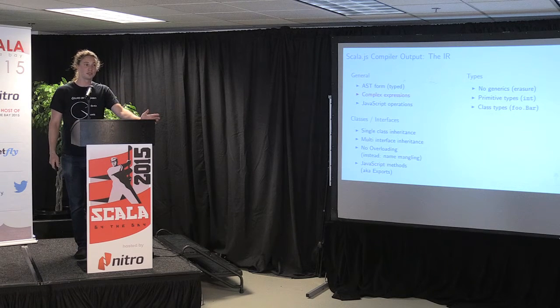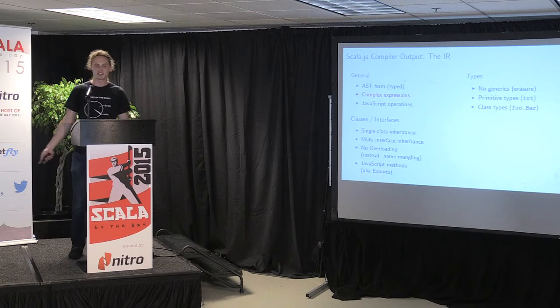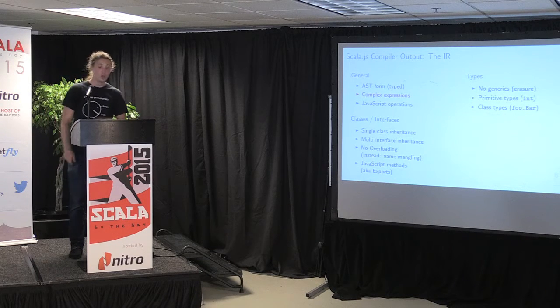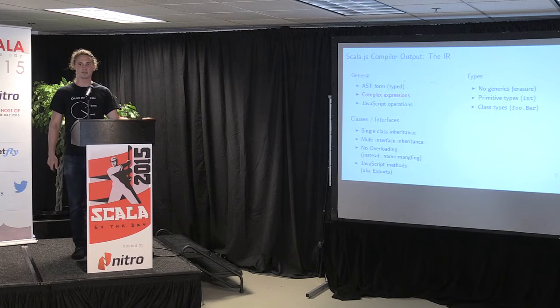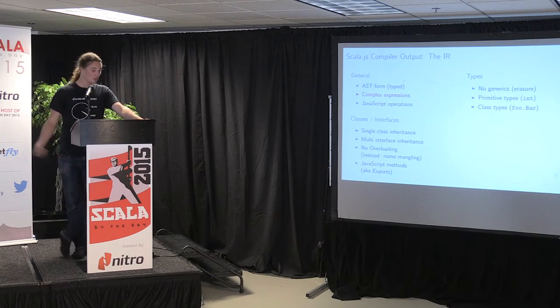Multi-interface inheritance, well, JavaScript doesn't know interfaces, but since it's dynamically typed, we can just erase interfaces because we statically know the methods are there, so we just call them. No overloading, well, lucky us, we did that because JavaScript definitely does not support overloading. And JavaScript methods and classes, that's also fine. All right, so you're actually not very far.